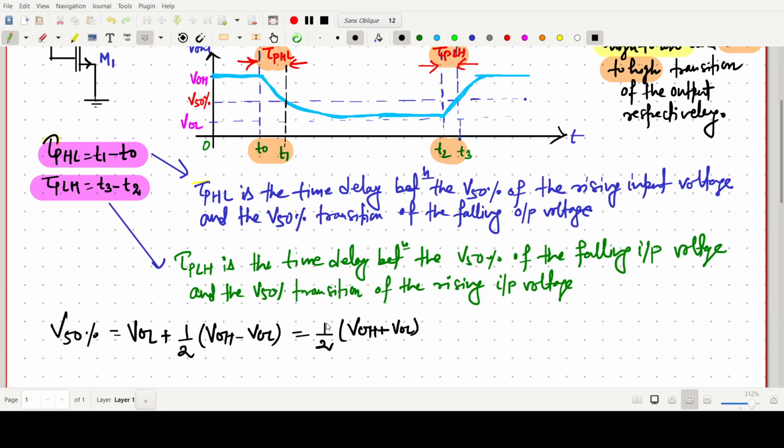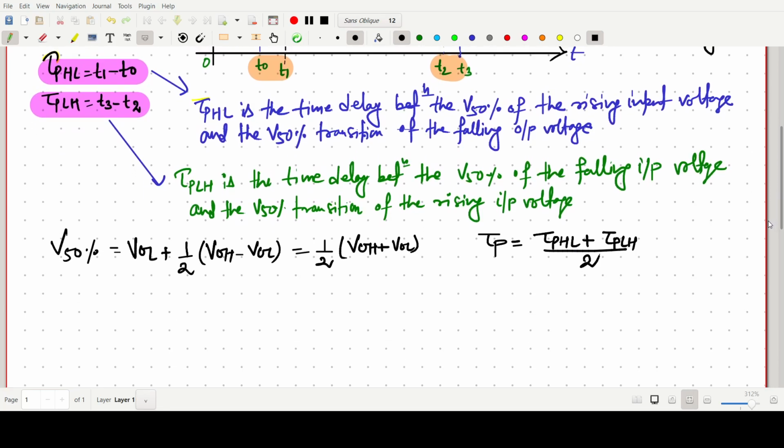Clear this one? Now the average propagation delay is called tau P, equal to tau PHL plus tau PLH by 2. So this is one fundamental definition for the propagation delay. Clear this thing?